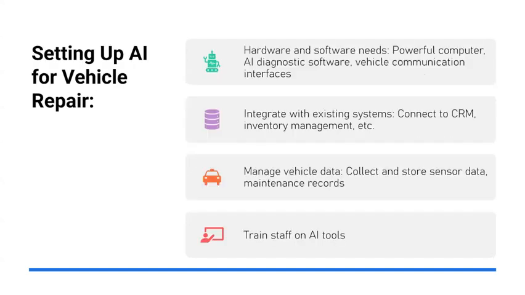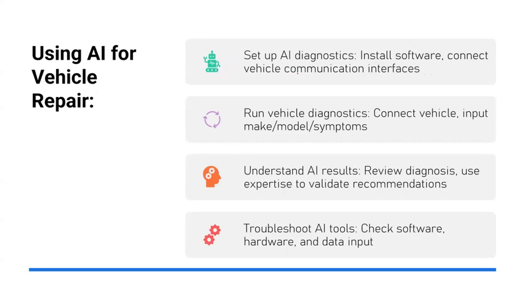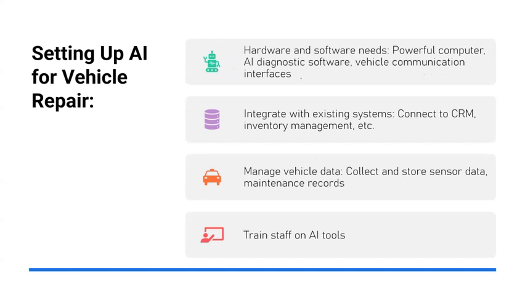Then what are the things that we need in order to create an AI-powered vehicle diagnosis? Hardware and software needs: a powerful computer, AI diagnosis software, a vehicle communication interface, and integration with existing systems, connected to CRM, inventory management, etc. That means the parts needed can be ordered in real time in the inventory, and the services to be done will be relayed to the technician in real time.